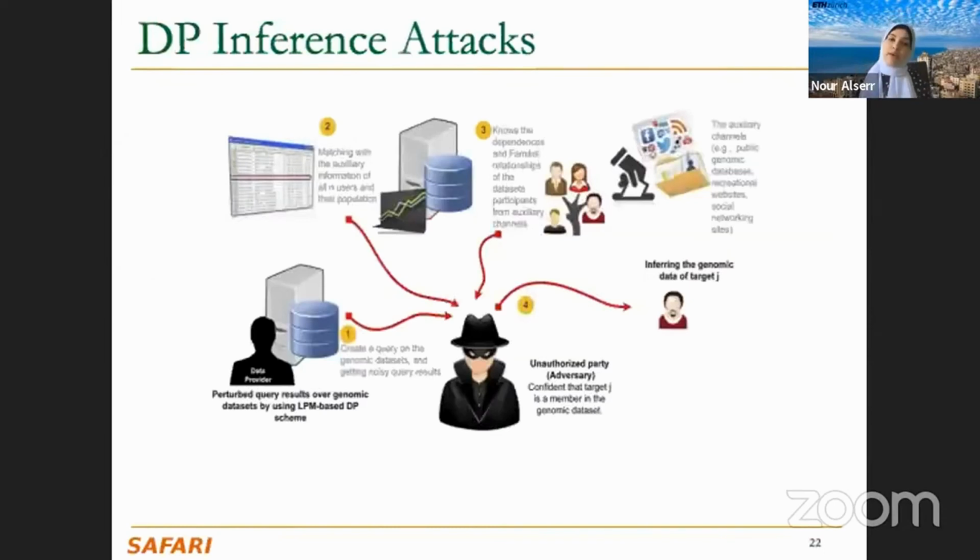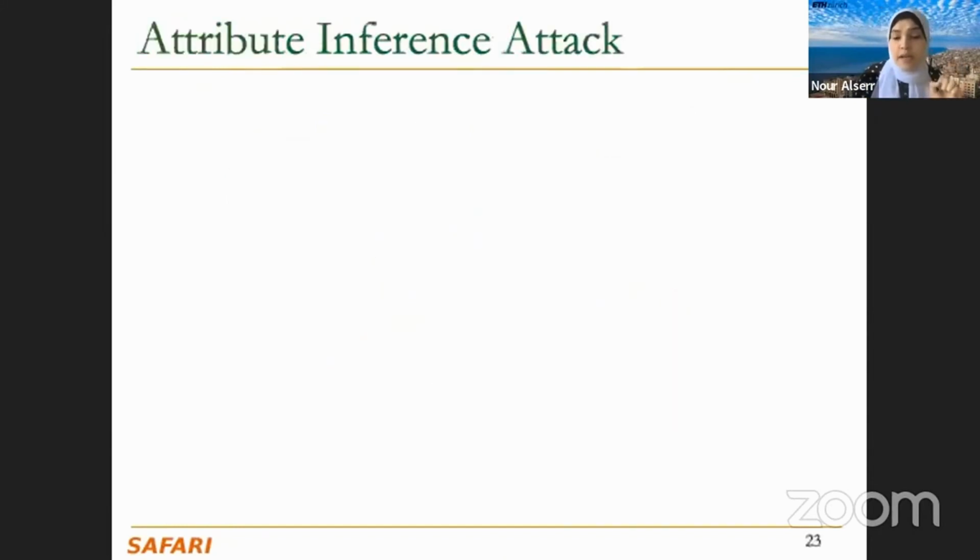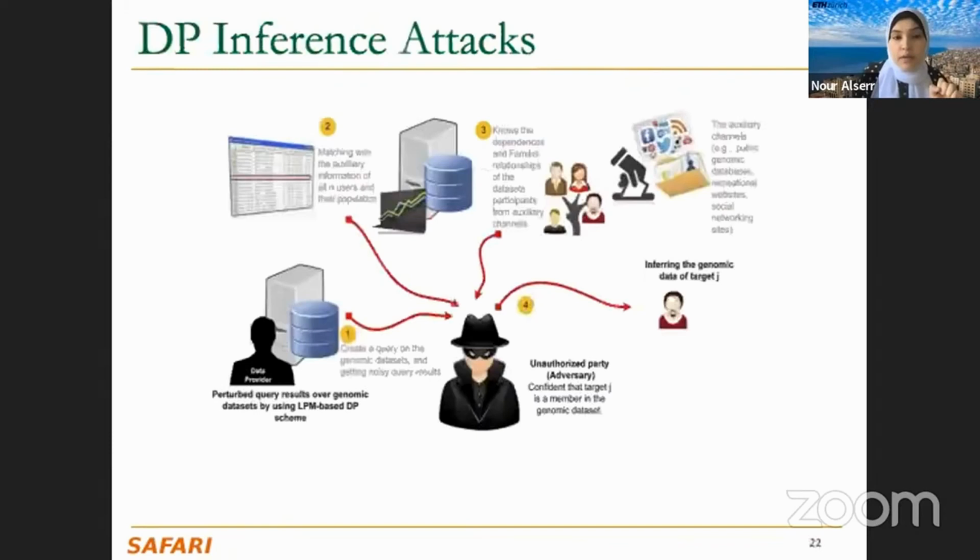So the first attack we have is the attribute inference attack. What we have in this attack is like this. Again, we consider that an adversary is sending a query over the data set. He receives the answer to that query, and he knows that these family members are included in the data set.